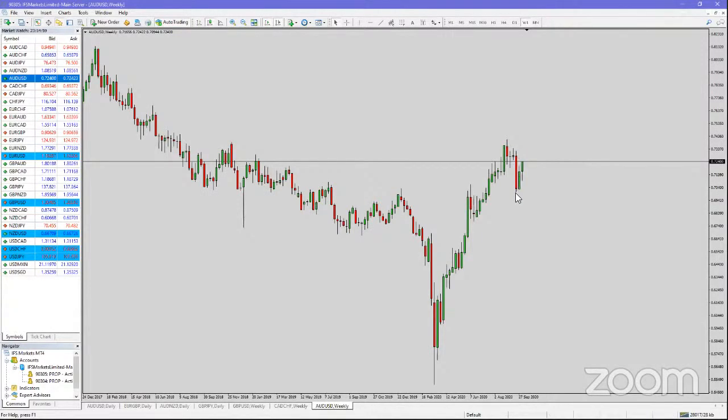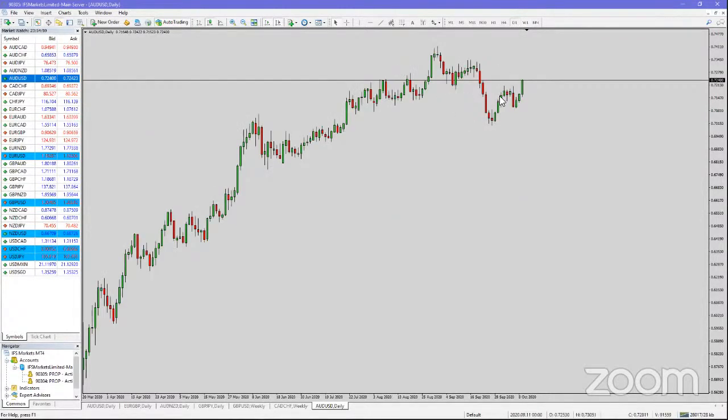Big push down, but we've had inside movement almost to the top of that, which more or less cancelled it out. And on the daily chart, we've got this higher low here and 3 days of buying. I don't know what's going on fundamentally to support this, but I'm pretty upbeat about the upside, sorry about the pun there, for the Aussie US dollar against most of the other currencies.